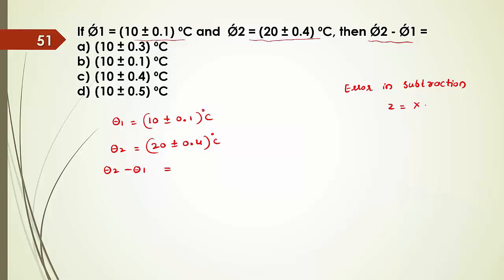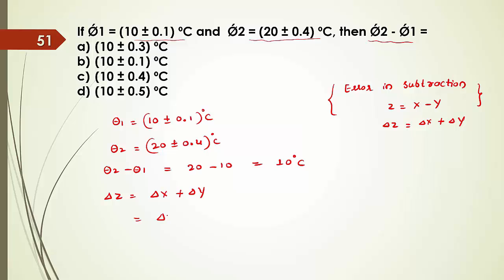Z equal to x minus y, then delta Z equal to delta x plus delta y. You can remember these equations. It will be very easy to calculate theta 2 minus theta 1. 20 minus 10 is how much? 10 degrees Celsius. Then the error delta Z equals delta x plus delta y.